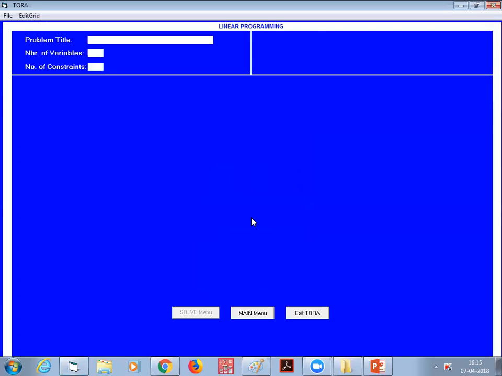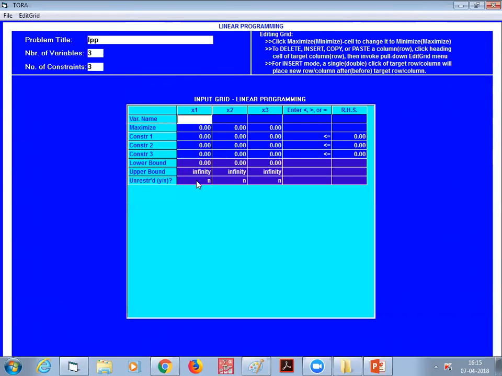We did this, right? Yes or no? Yeah, of course we did. So LPP with 3 variables, 3 constraints is what we have, right? So what was our thing? 2, 3, 1, right? Coefficients were 2, 3, and 1.